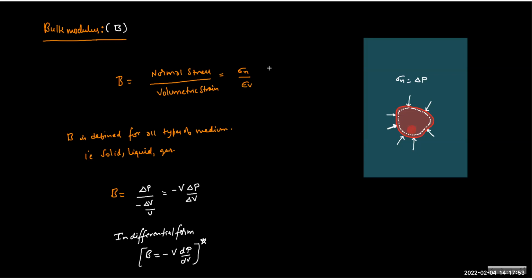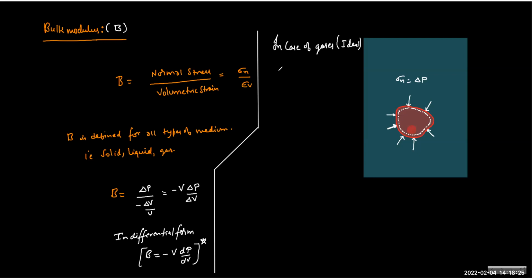So now in case of gas, the bulk modulus is also defined for gases. In case of gas, the bulk modulus depends on the thermodynamic process. I will stick to the ideal gases.